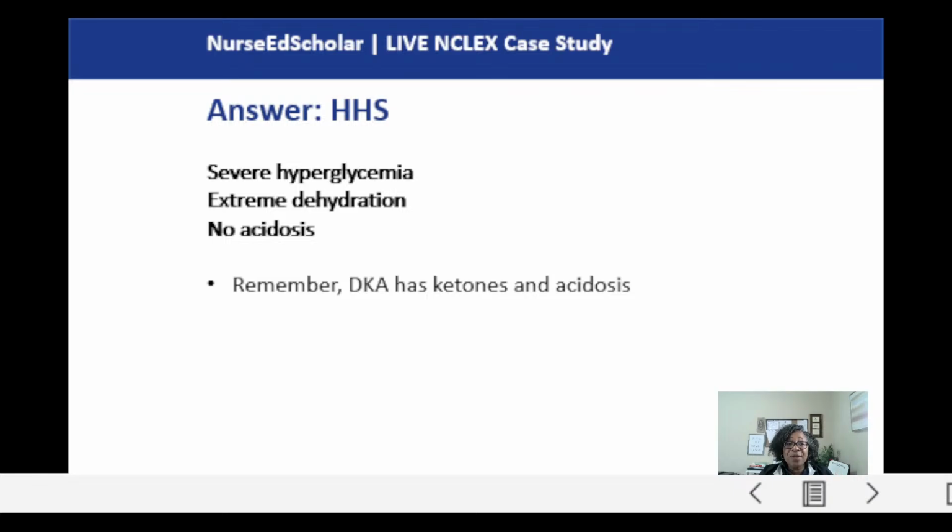So the primary issue here for this patient is dehydration, not actually acidosis. Doesn't have any ketones, right? And what is the most life-threatening? It's not really the glucose. I mean, it's high, yes, but it's the severe dehydration and the poor perfusion. Hopefully, this is starting to make some sense to you.